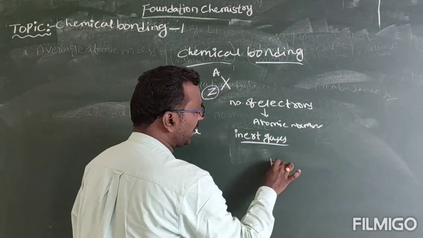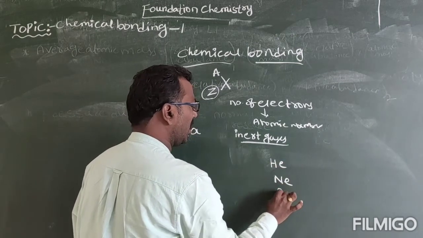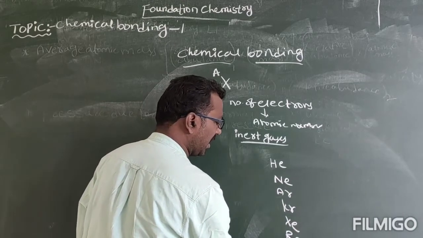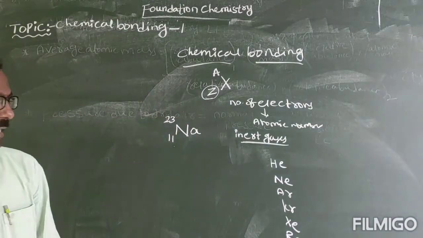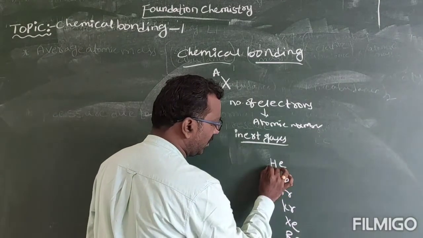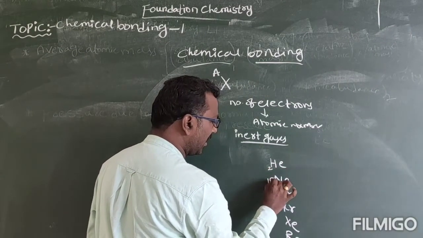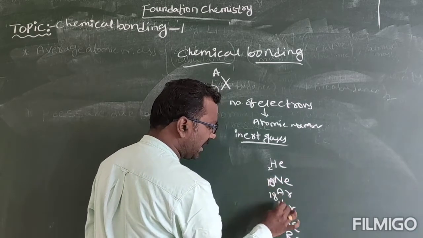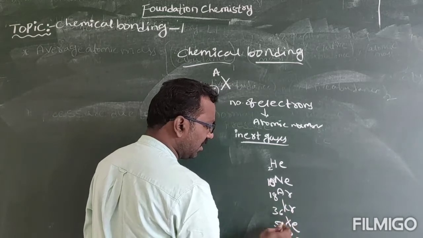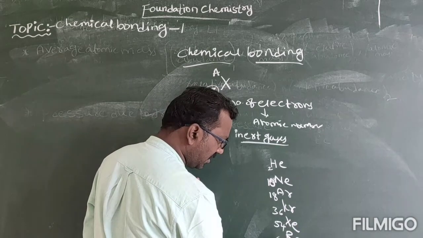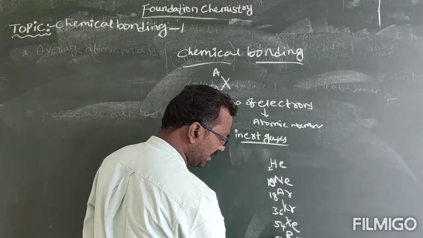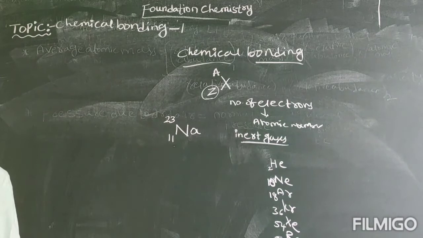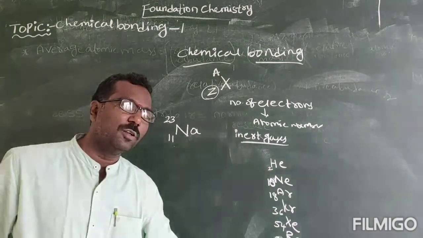Here we will be writing helium, neon, argon, krypton, xenon, radon and oganesson, and their atomic numbers: 2, 10, 18, 36, 54, 86 and 118. So these are the atomic numbers, and you should learn this.